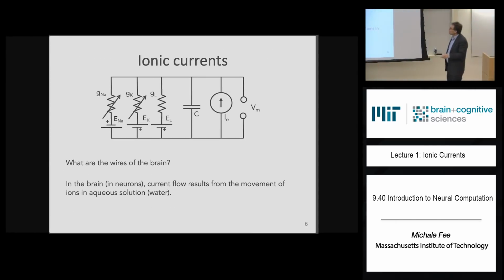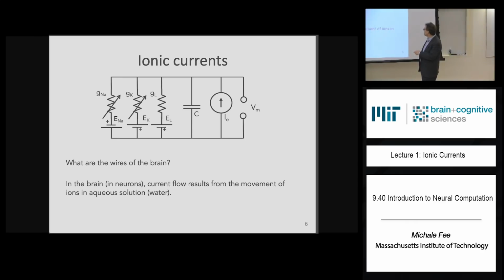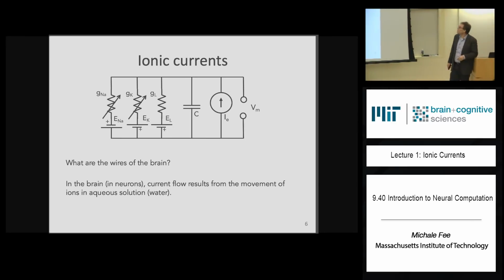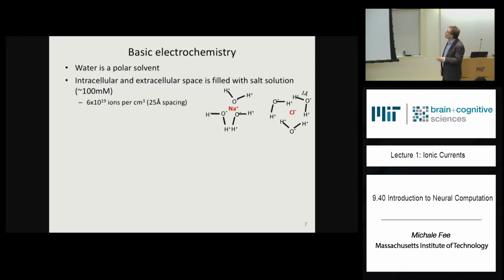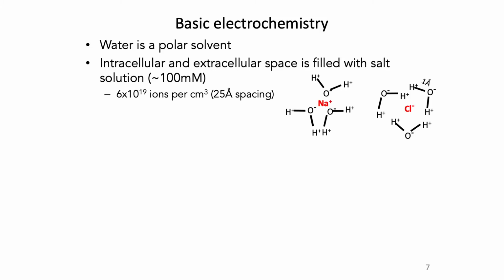Okay, so in the brain, the wires are the intracellular and extracellular salt solutions, and you get current flow that results from the movement of ions in that aqueous solution. Okay, so the solution consists of ions, like in the extracellular space, mostly sodium ions and chloride ions dissolved in water.